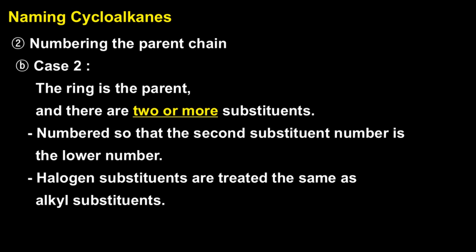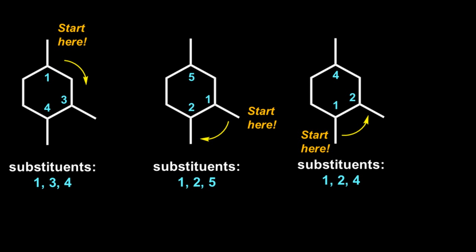Let's go through some examples and see how this rule works in action. Let's take a look at the 3 structures. In the first one on the left, we number the ring clockwise. That gives us substituents at positions 1, 3, and 4. In the second structure, we also go clockwise, but this time we get 1, 2, and 5.